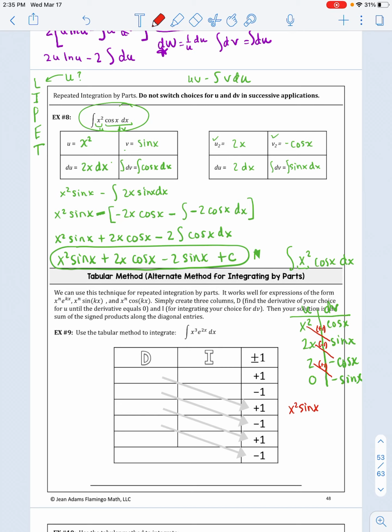If I take 2x times negative cosine times negative 1, I get positive 2x cosine x. And if I take 2 times negative sine x times positive 1, I get negative 2 sine x. And then I have the plus c. So you can see that we could get that same answer using tabular, and tabular does seem to be a lot quicker, okay? I'm going to have to stop the video.